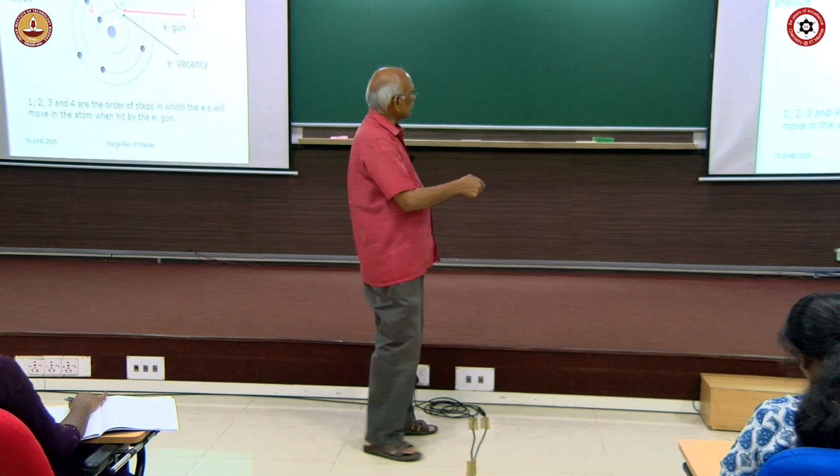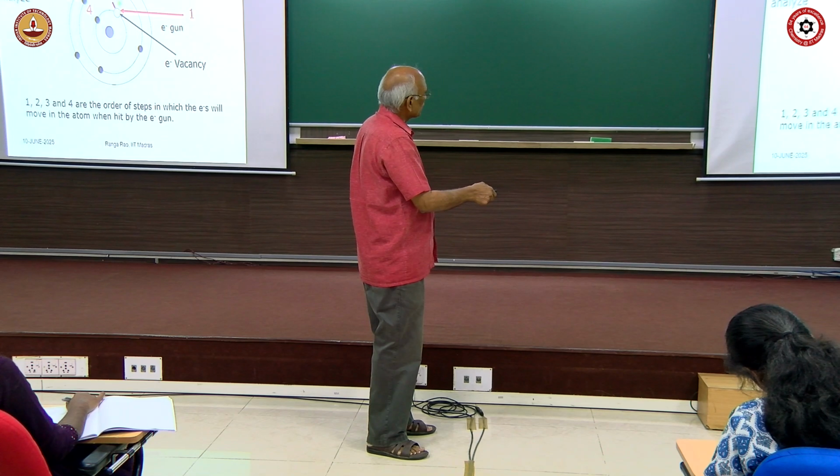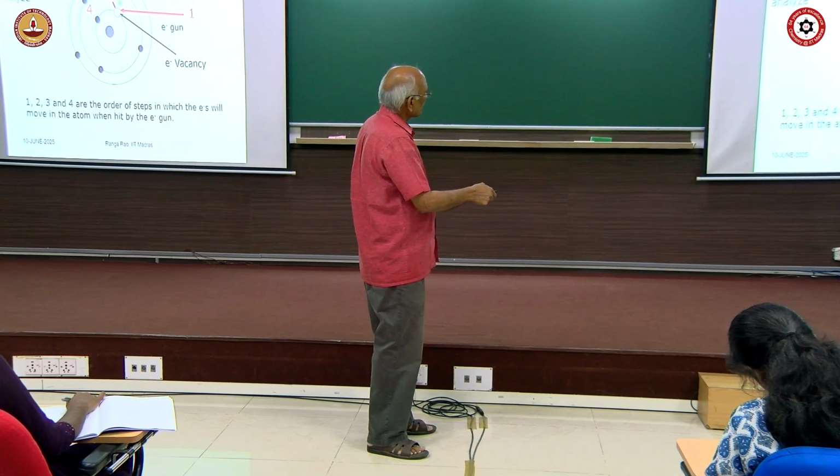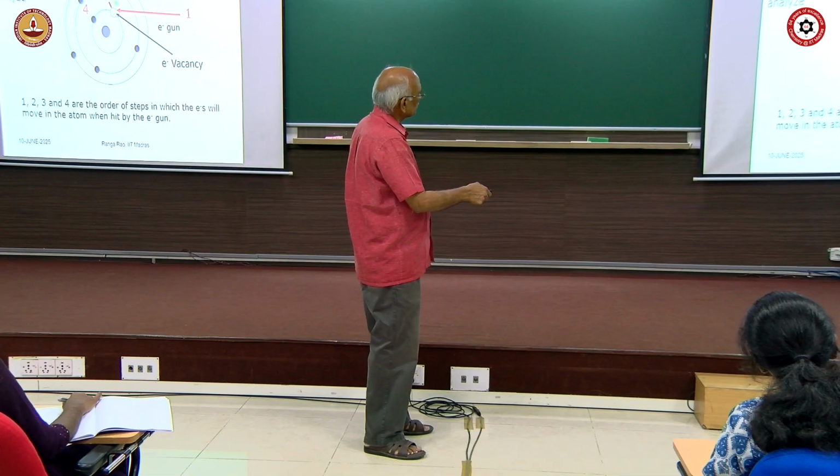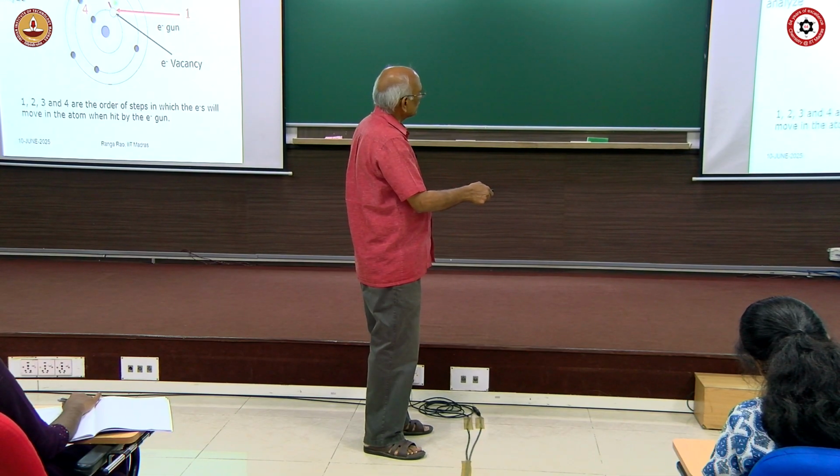Electrons will go and knock out the core electrons here, and this electron will come out, and then this electron will fall down into this, and that energy is picked up by this electron. This will come out here. This is the Auger electron.